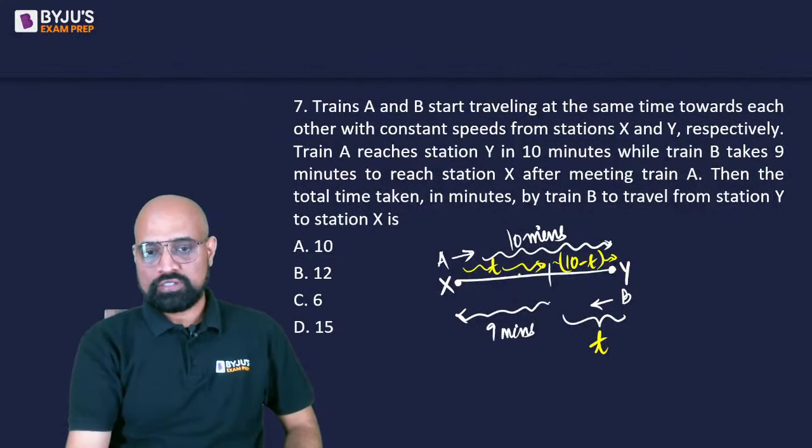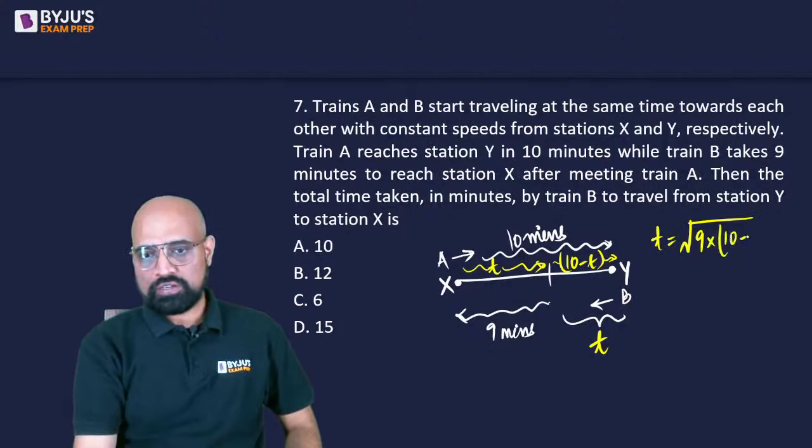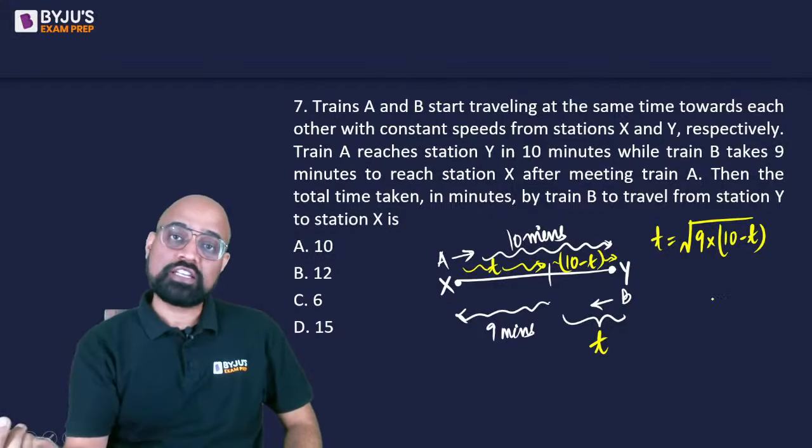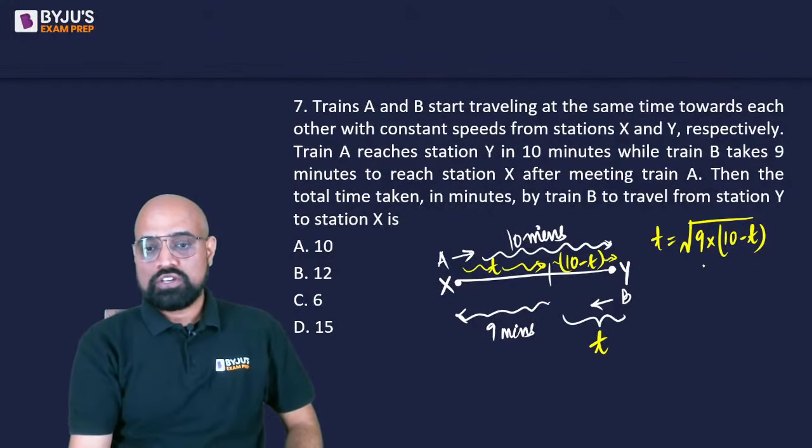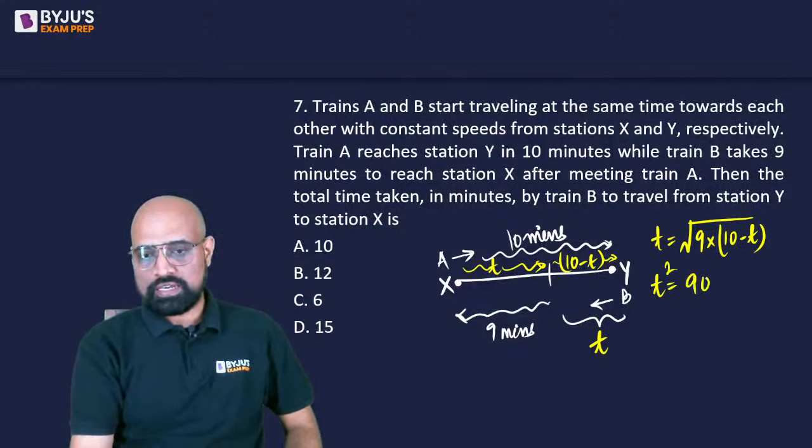Now if you remember, this meeting time is nothing but the geometric mean of the time they take after meeting to reach their respective destinations. So this t square is going to be 90 minus 90, or we will have t square plus 90 minus 90 is equal to 0.